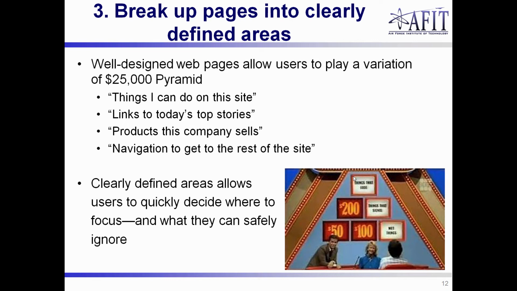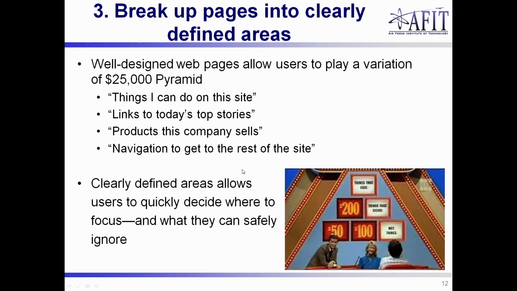And this is products the company sells. And this is navigation to the rest of the site. Right? When they're looking around, they should be able to say those category names, even if they're not labeled that way, because of the way they're grouped together, because of the way the pages are broken up into clearly defined areas. They can take the items on that list and they can say, this is the category it falls into.